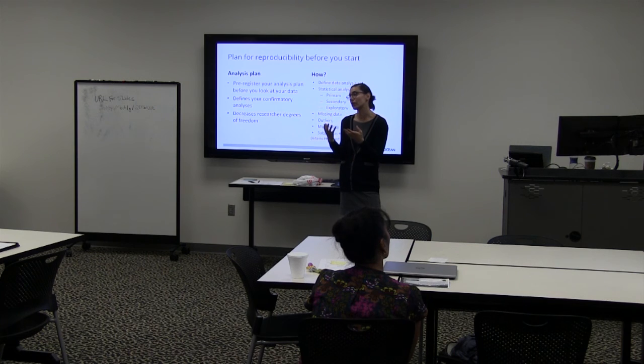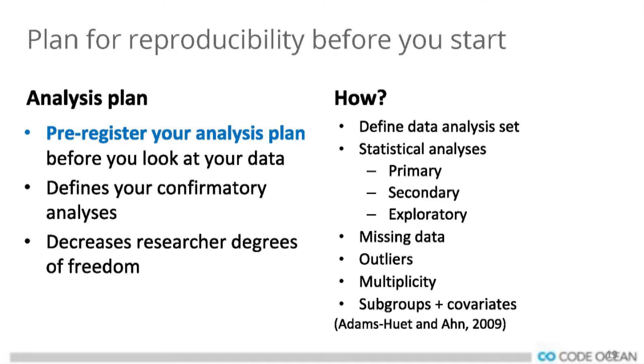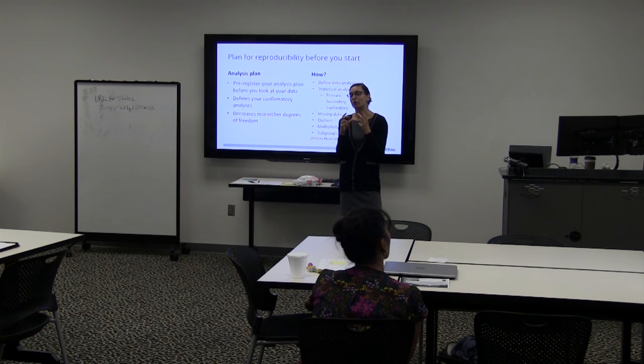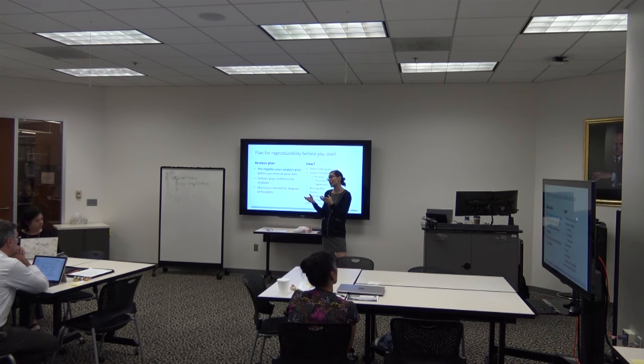What are some exploratory analyses you might plan on doing? How will you deal with missing data? How will you deal with outliers? How will you deal with doing multiple tests on the same data, which can increase your chances of having a false positive? So there's lots of things that you want to address, and there's some guidance, and I'll show you some in a minute to help decide what to include in this.